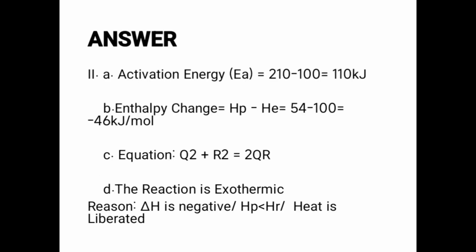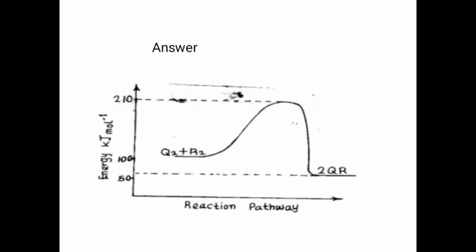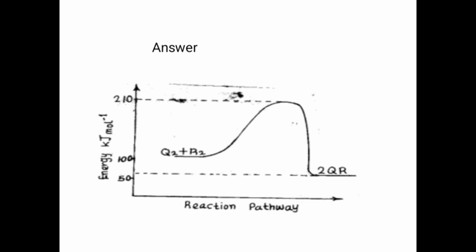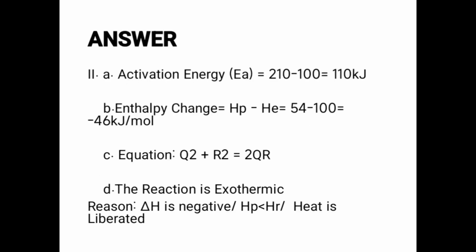Now let's check the activation energy. For you to calculate activation energy, you just move from the activated complex to the reactant. You trace the activated complex, which is 210, to that of the reactant, which is 100. So 210 minus 100 is equal to 110. So the activation energy required is 110 kilojoules.